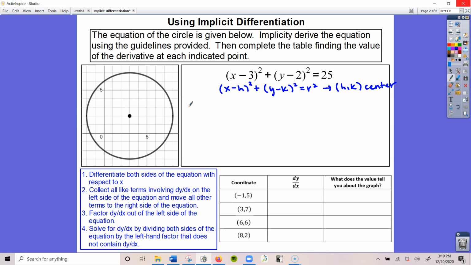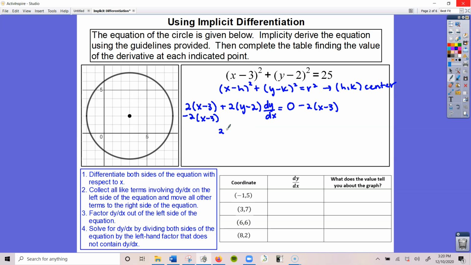So we can go ahead and start that off with 2(x - 3) times the derivative of the inside, which is just 1, plus 2(y - 2) times the derivative of the inside, which even though the derivative of y is 1, remember that because it is the derivative of y, we would multiply by dy/dx, which is equal to the derivative of 25, so 0. Now I want to isolate dy/dx, so I'm going to subtract this 2(x - 3) over to the other side.